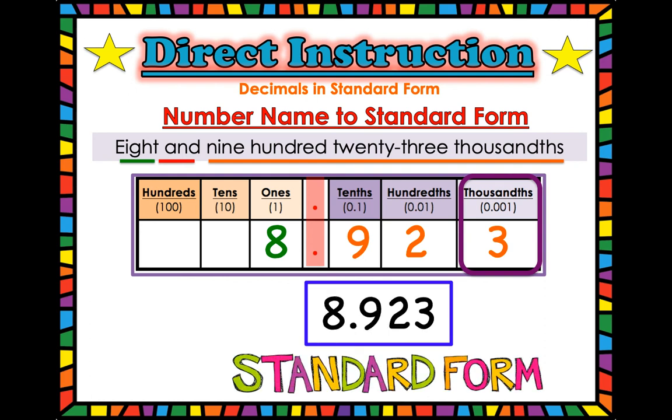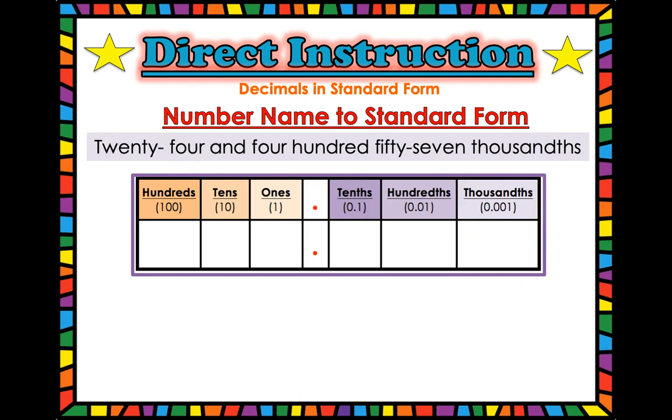All right, cool. Last one before you guys go off on your own, okay? So we have 24 and 457 thousandths. This was a little bit different because now we have two digits for our whole number, but you guys know how to work with that. 24, we know the 2 is going to go in the tens place, and the 4 is going to go in the ones place. Boom.